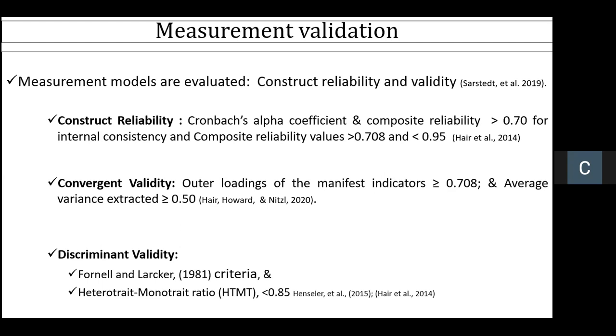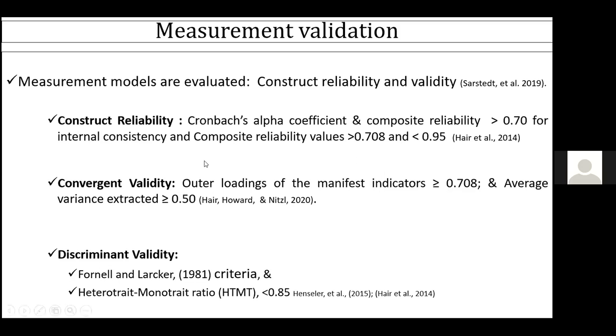So we checked for construct reliability, where we checked for the values of composite reliability as being greater or equal to 0.708 to check whether internal consistency had been met.